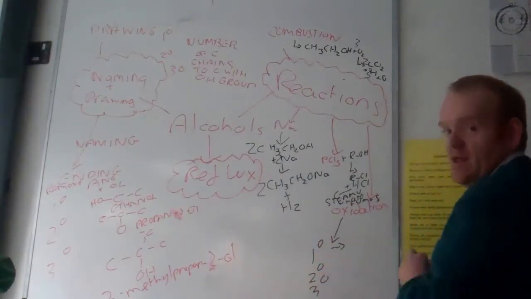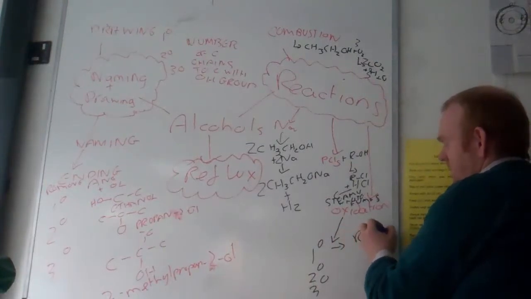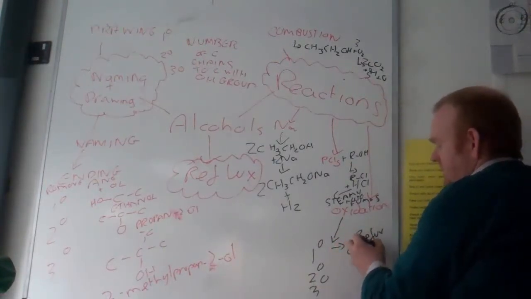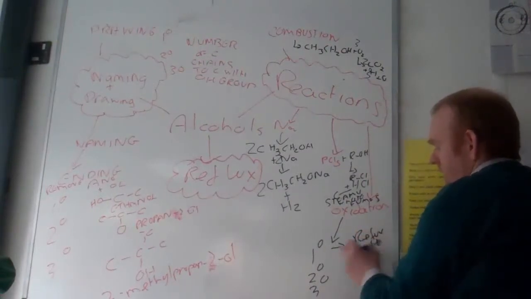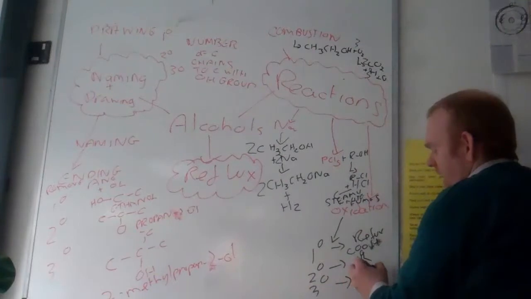If it's a primary alcohol, I can oxidize it up by a reflux to get me the carboxylic acid. Okay, if it's a secondary alcohol, I can oxidize it up to get the ketone. And if it's a tertiary alcohol, I'm not going to get any reaction.